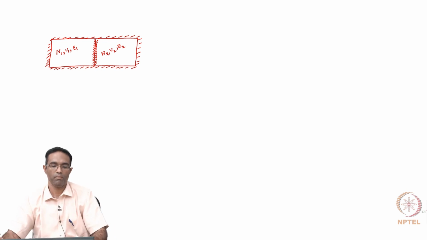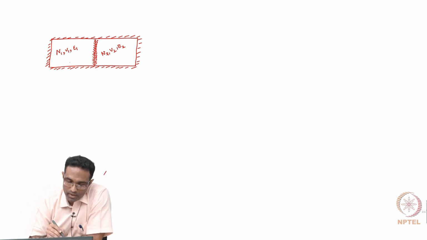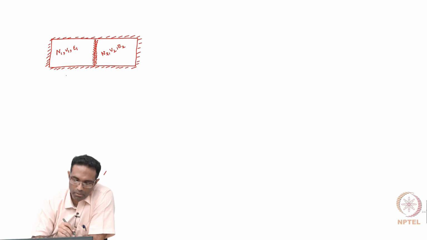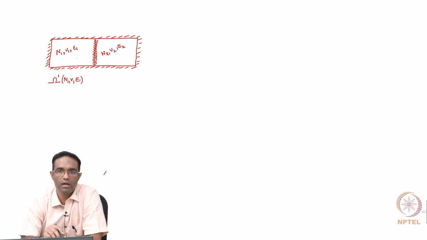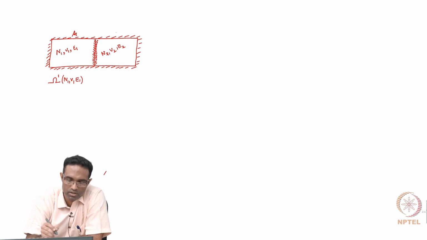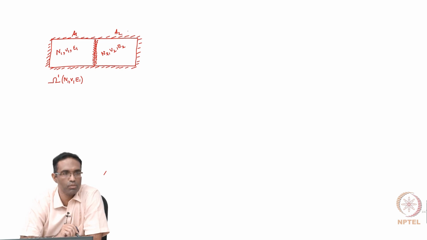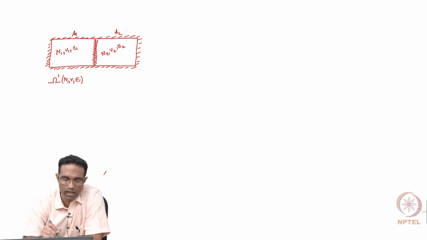So clearly from our previous discussion, omega 1 (N1, V1, E1) is the total number of ways the A1 system, this is the A1 system and this is the A2 system, which are both isolated, can have this macroscopic state.